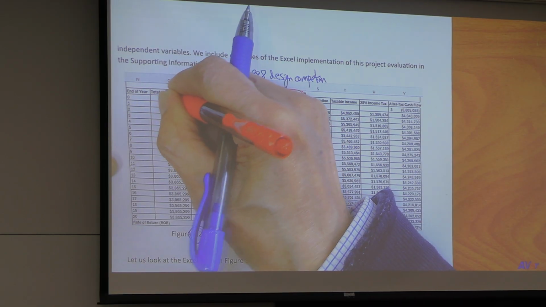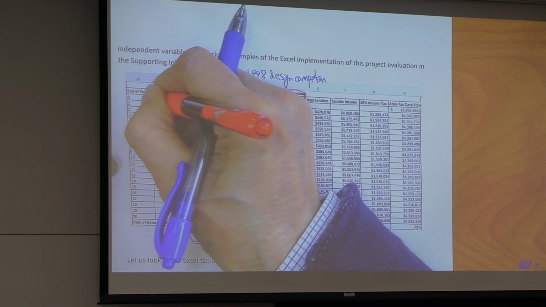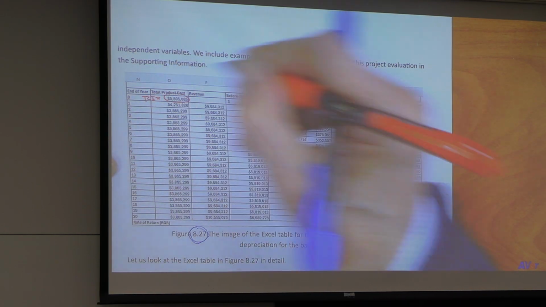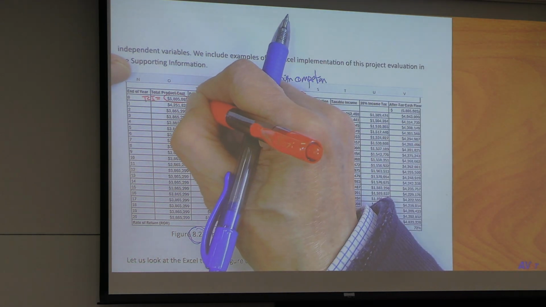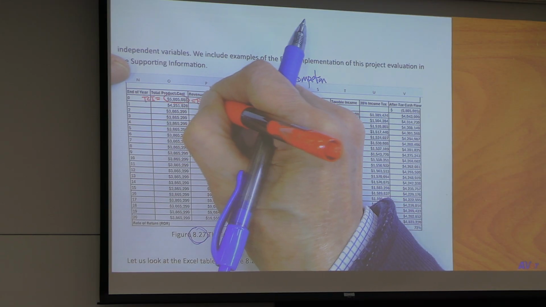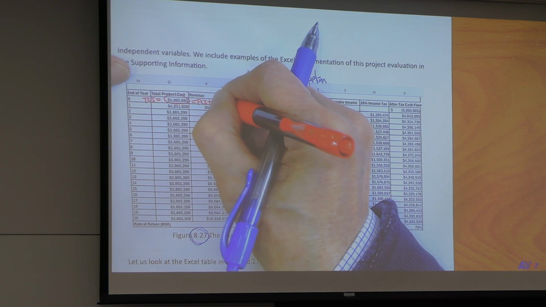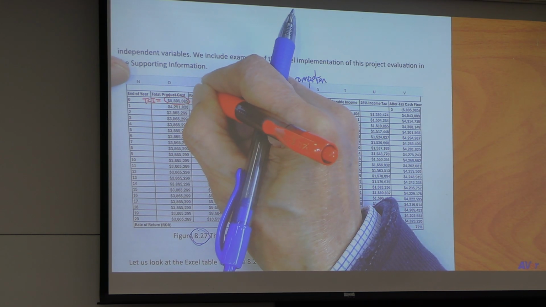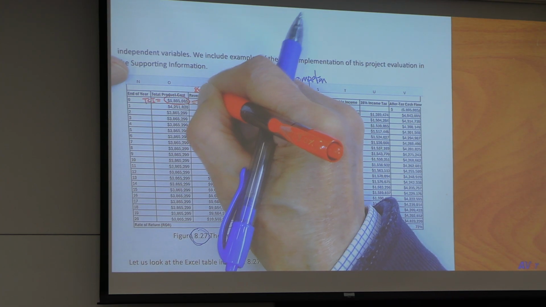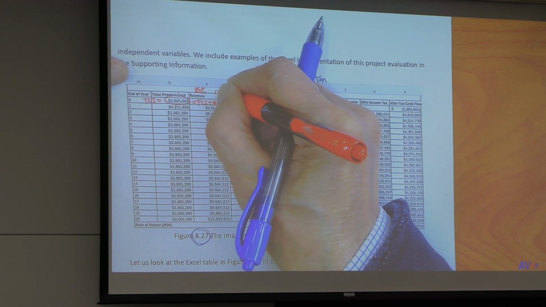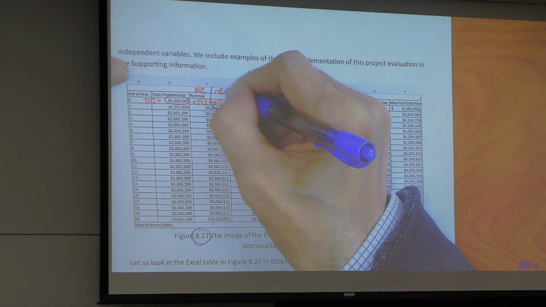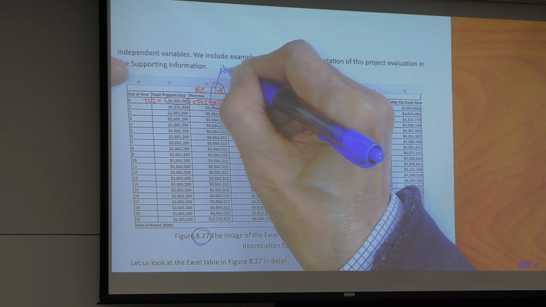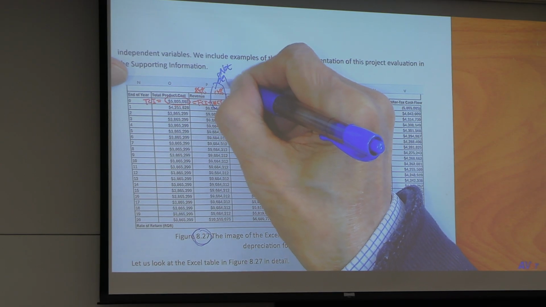This, in fact, is TCI. Total capital investment is FCI plus WCI. 85%, 15%. And this is not depreciable.